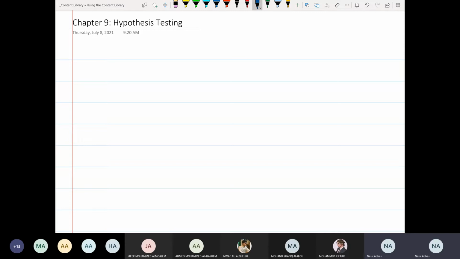Let us go directly towards the meaning of this hypothesis testing. What is hypothesis? An assumption, or we'll say a statement about any unknown population parameter.